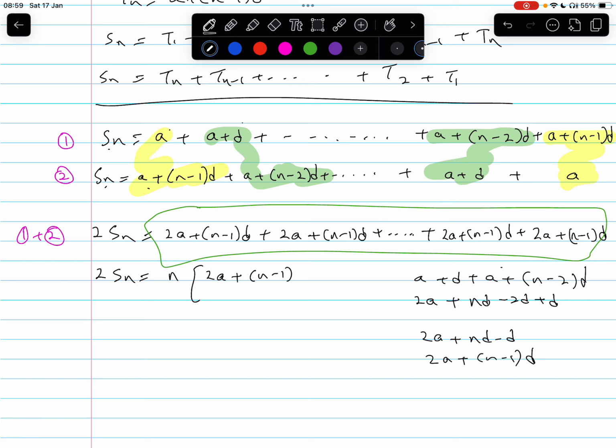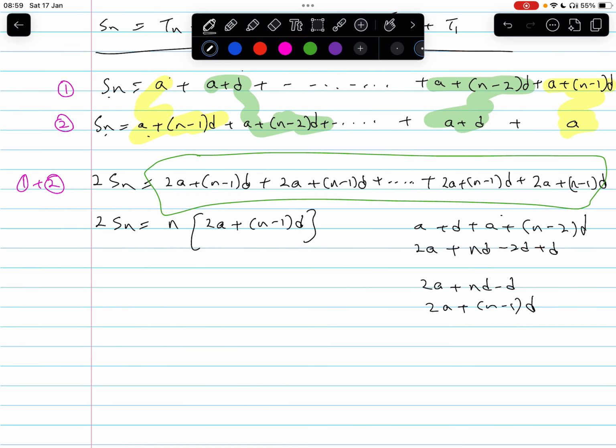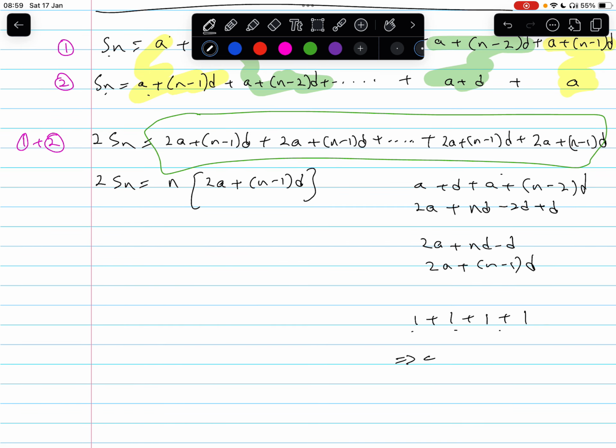So you can just multiply this by n. It's like we're adding, let's say, 1 how many times? 1, 2, 4 times. So this simplifies to 4 times 1. In this case, we're adding 2a plus n minus 1 d in the place of 1. How many times? n times.